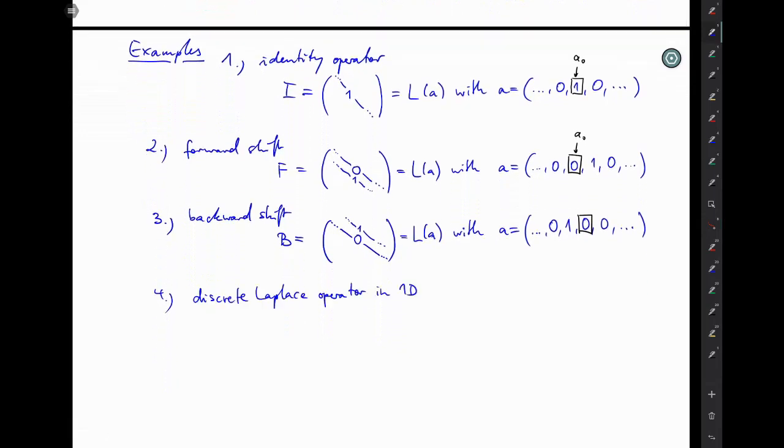Let's look at the discrete Laplace operator in 1D, where, to be honest, Laplace in 1D just means second derivative.